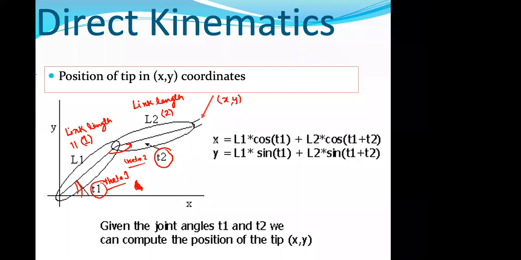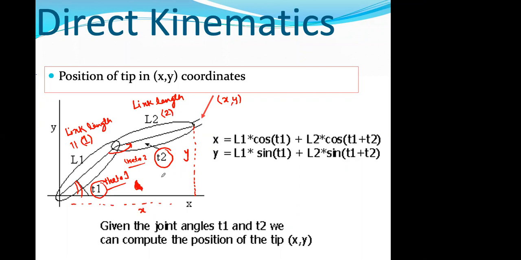How can we find the positions? The position in the x direction and the y direction. This will be the x coordinate and this will be your y coordinate.